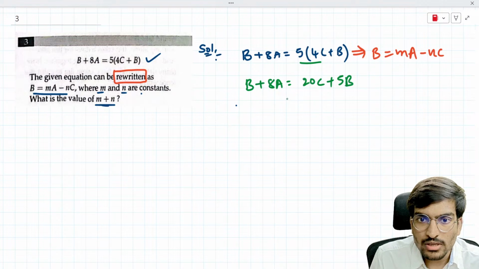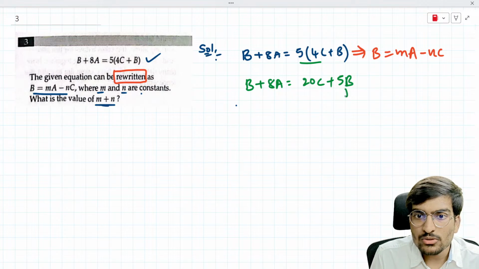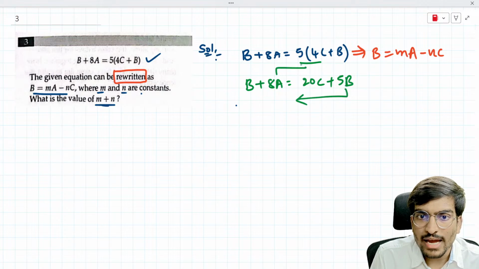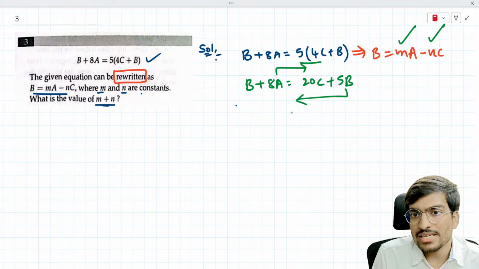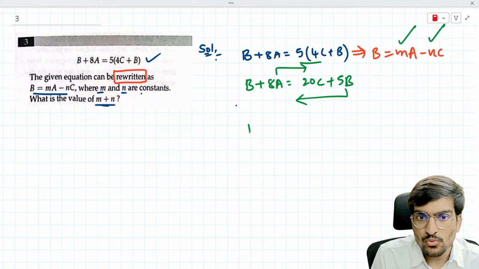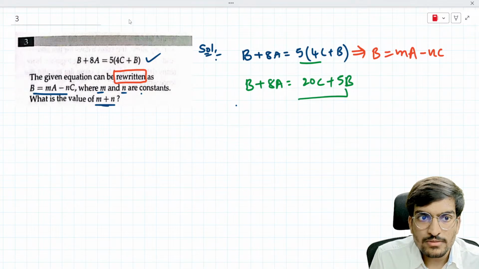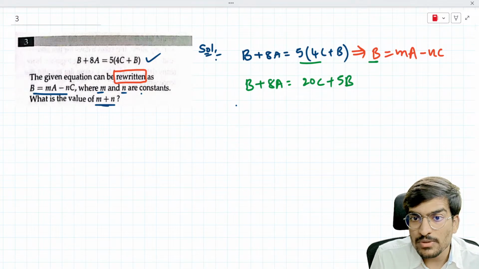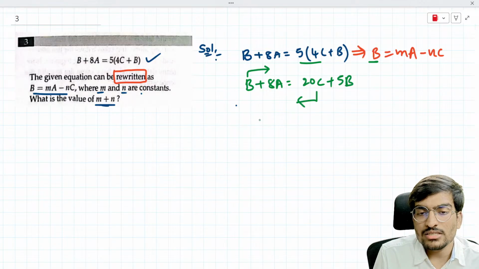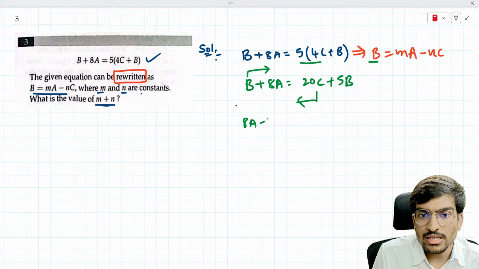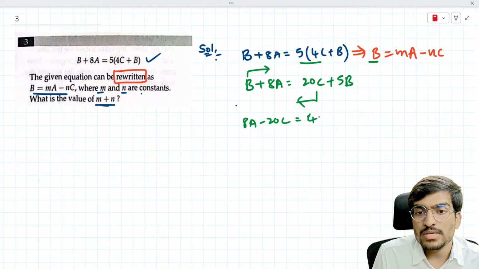I put the b terms on one side and a and c on the other. To keep b positive, I transpose b to this side and 20c to this side. So 8a minus 20c equals 5b minus b, which is 4b.